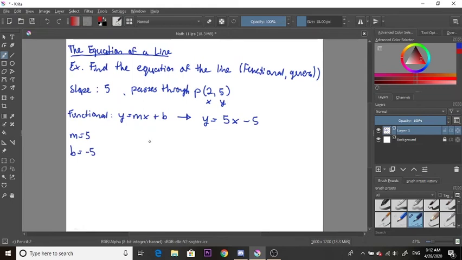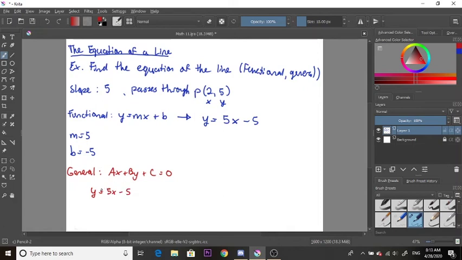So now we want to find what our general form is. Now you can do this two ways. You can do it using this information up here, or you can simply rearrange this formula so that you have 0 on one side and you have moved everything else onto the other side. So I'll show you how to do that version. So I have my y is equal to 5x minus 5.